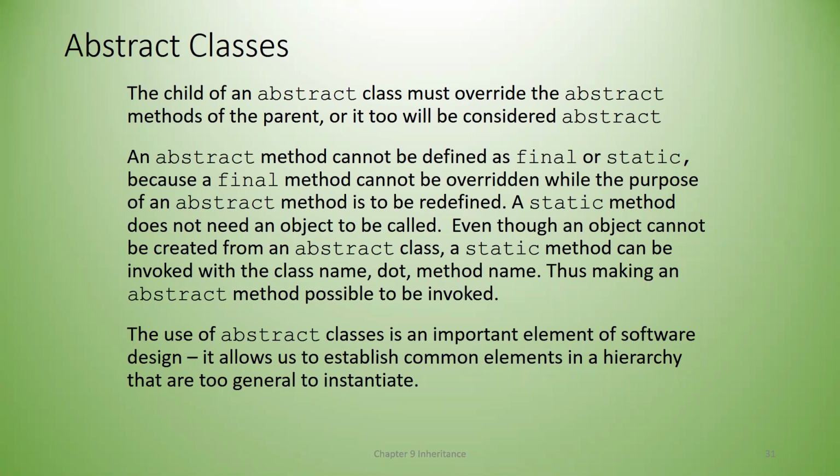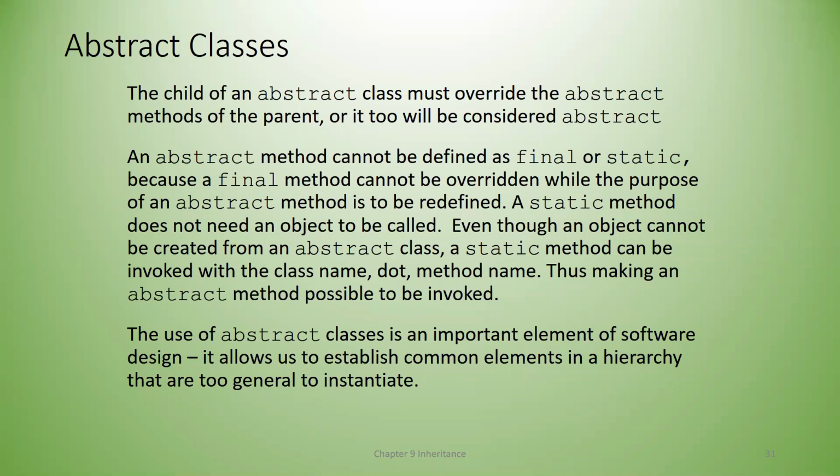So in that case, where should the abstract class be in the class hierarchy? Should it be the parent or the child? The parent. It should always be the higher level because it's so generic.